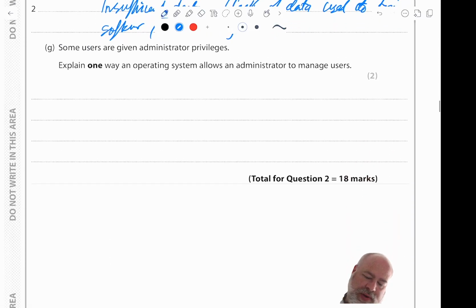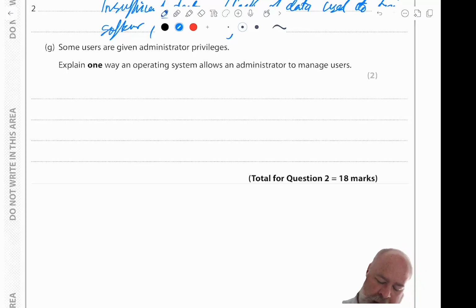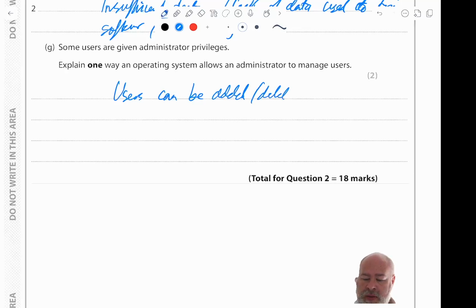Some users are given administrative privileges. Explain one way an operating system allows an administrator to manage users. Well, just think of your context at school. How can the IT department or your teacher administer? They can add users. If you're an admin, you can add people, or delete them for that matter. You can change their names. You could edit permissions.